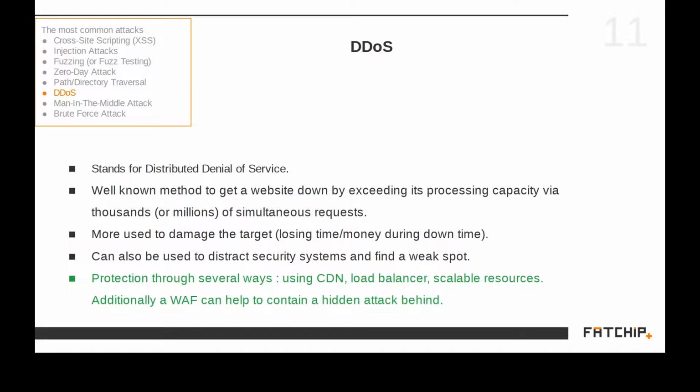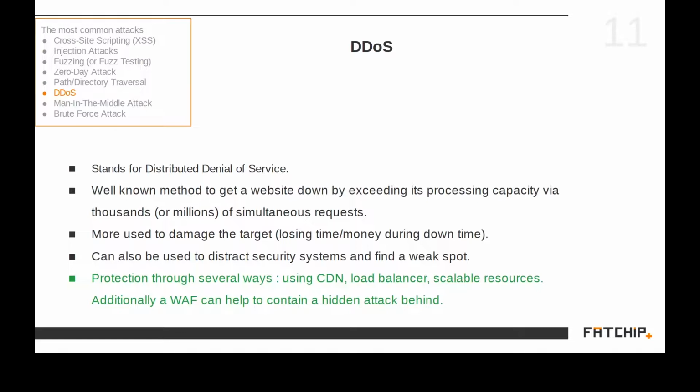I would say it's used to just make the target lose time, money, or to break the access for a certain amount of time, or just to show that the attackers are here. There are many different purposes for it, all nasty. But it's more for this than finding a breach, even though it can also be used to distract the security and place another attack that we have already seen before, without attracting attention to it.